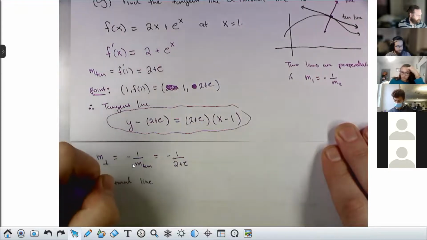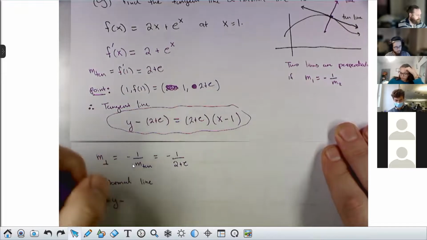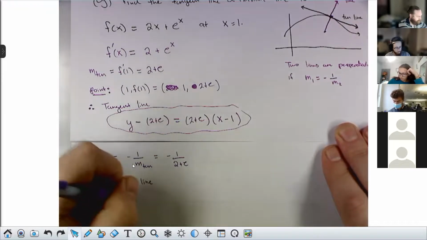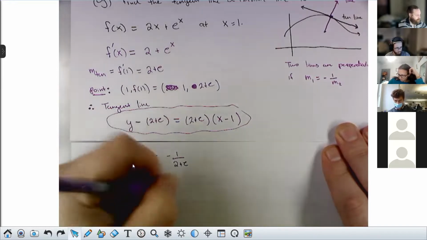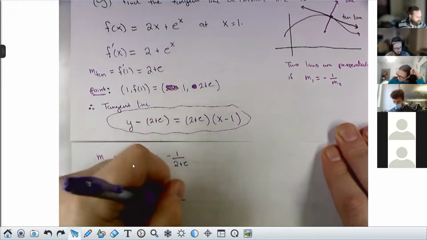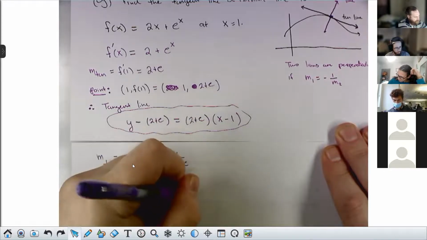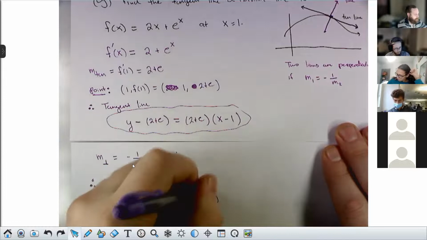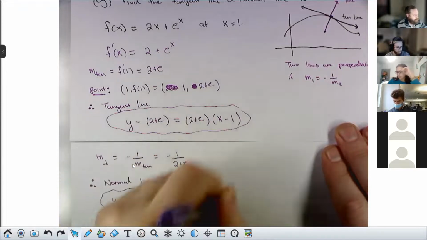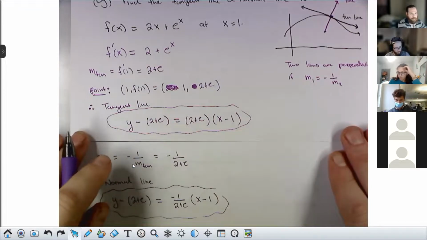The normal line would be y minus y0, y minus (2 plus e) equals its slope, which is negative 1 over (2 plus e), times x minus x0, which is x minus 1. So that is your normal line.